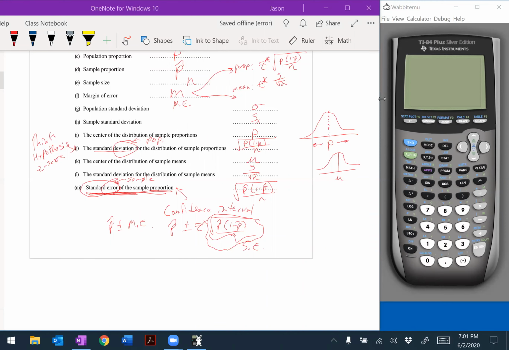If I gave you a p-value, could you tell me to reject or accept the null? If I gave you a linear relationship for a linear regression, could you tell me what the slope and the y-intercept represent?